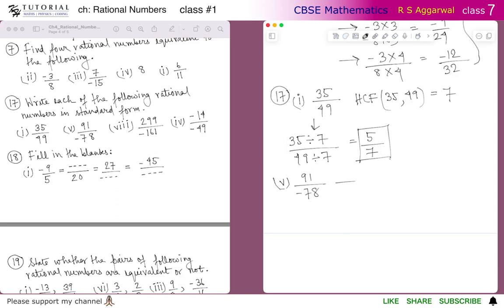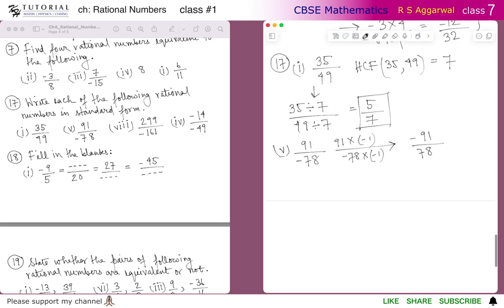So we multiply both the numerator and the denominator by minus 1, so that the denominator becomes positive. We get minus 91 by 78. So we have made the denominator positive by multiplying both the numerator and the denominator by minus 1.